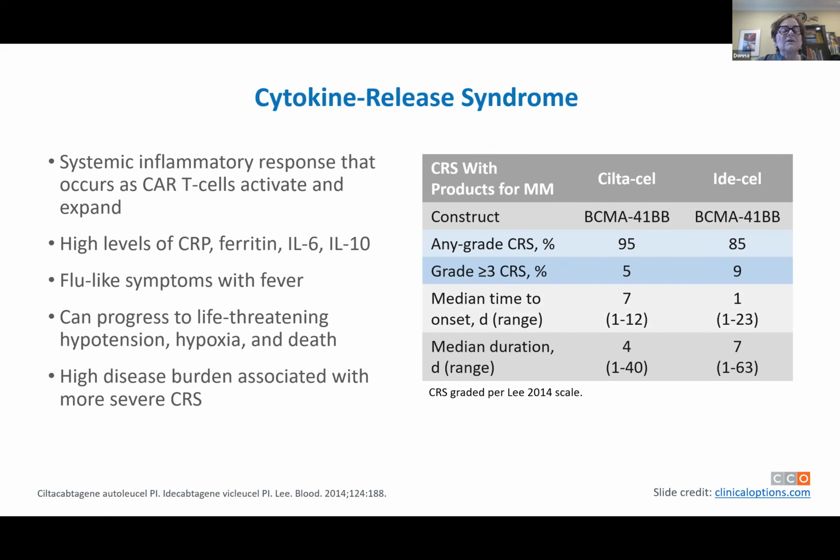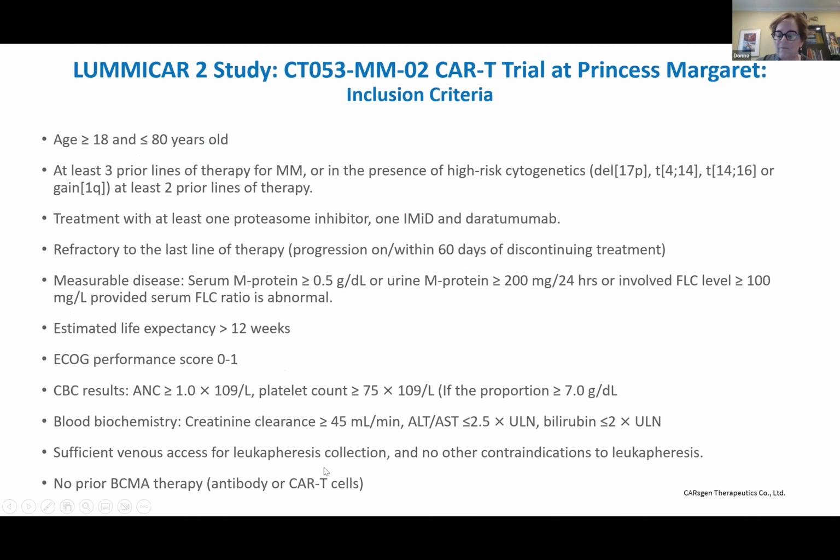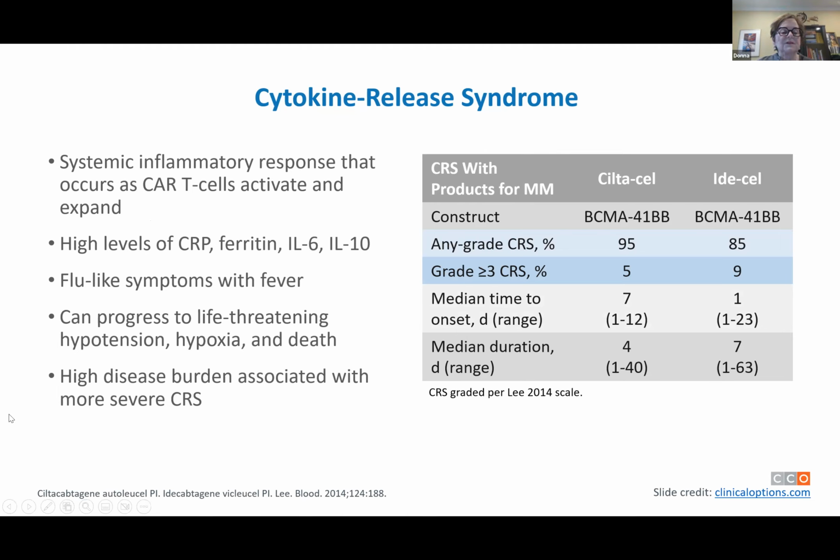So cytokine release is due to all those little chemicals that are released in response to trying to kill the tumor cells, but when T cells are activated, we can measure some of them. C-reactive protein and ferritin go up. These are harder to measure.